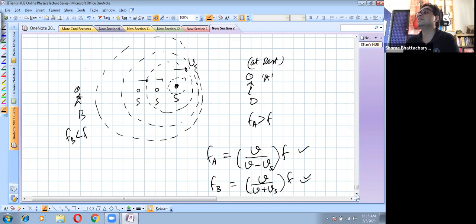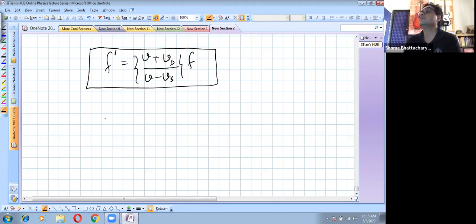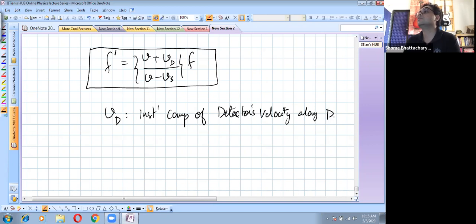And then you can take a general case where we combine the two things. So we get the general formula that the frequency heard by the detector becomes (V plus Vd) upon (V minus Vs), where Vd is the instantaneous component of the detector's velocity along this line.